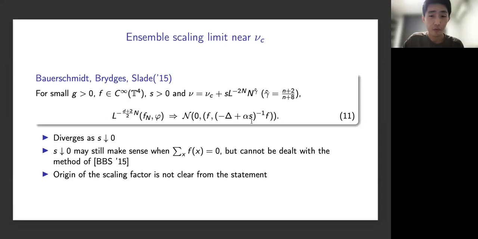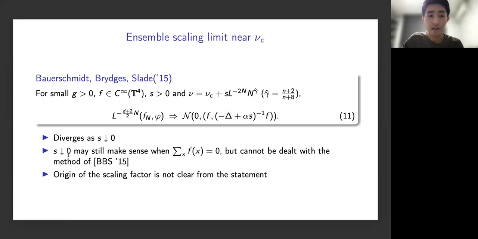There are several remarks about this theorem. First of all, this limit doesn't make sense when s is put to 0, in other words, when nu is exactly equal to nu c.